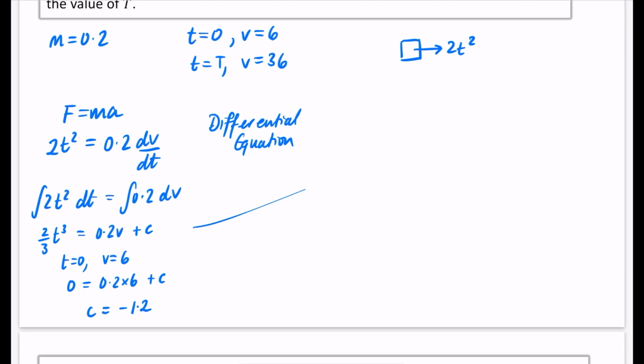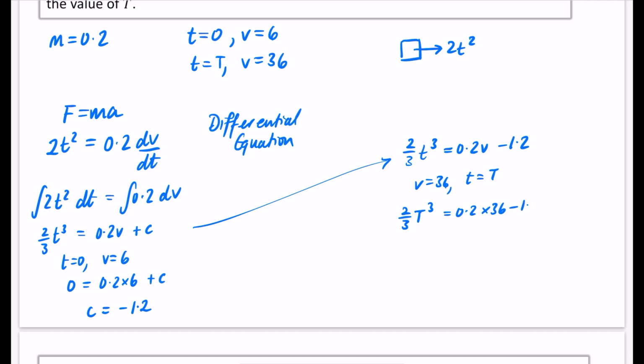So I'm just going to take this equation and put it up here. So I get that 2/3 t cubed equals 0.2v minus 1.2. And now I'm going to try and find out what t is equal to. So v is equal to 36, and little t is equal to capital T. So that's 2/3 t cubed equals 0.2 times 36 minus 1.2.